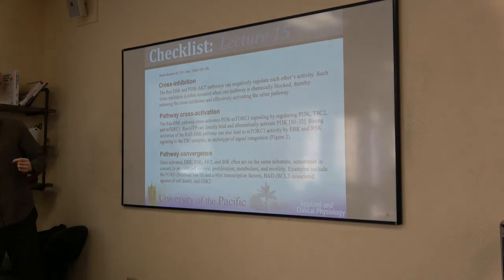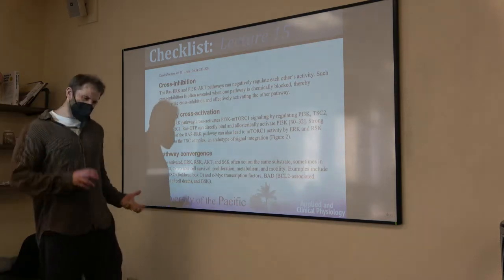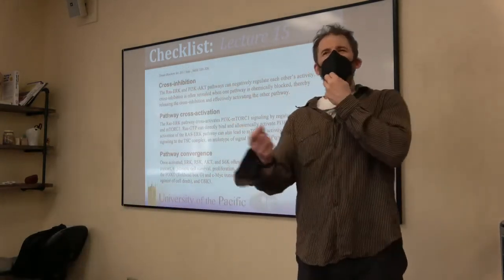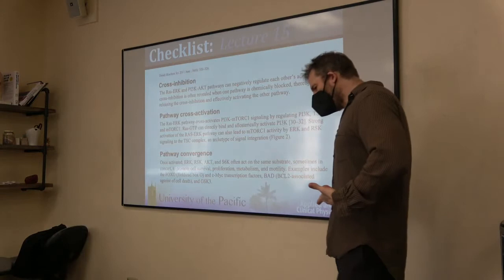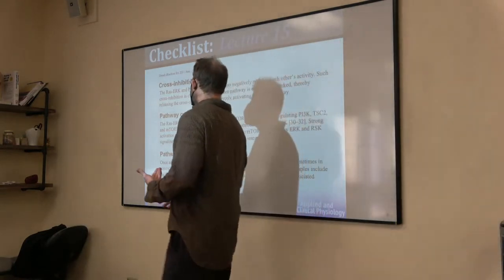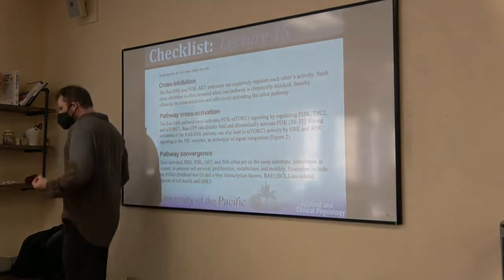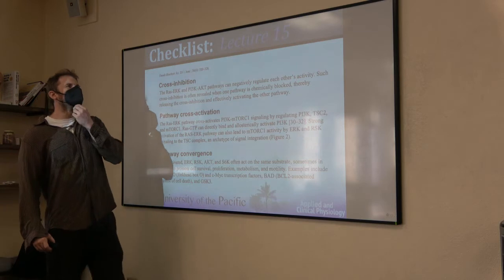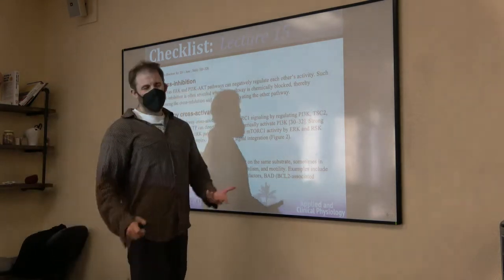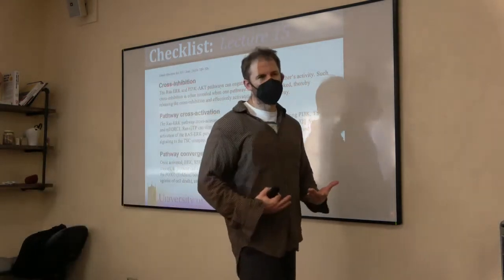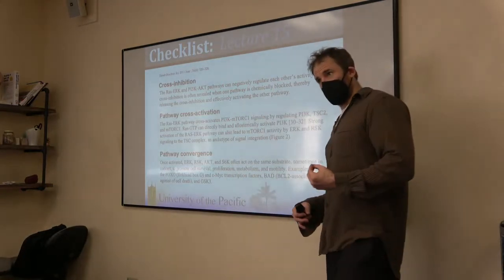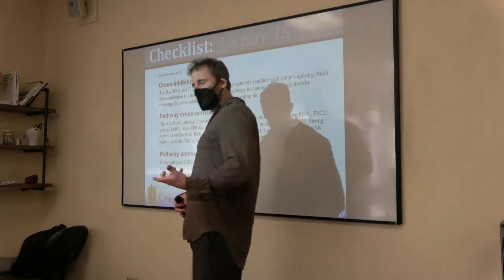And you don't need to know circumstances in which this cross-inhibition presents itself, or cross-activation. You don't need to know any circumstances in which that arises. Just know that it is circumstantial. And a lot of the studies are in cancer cells, because if you knock out anabolism, you're treating cancer.